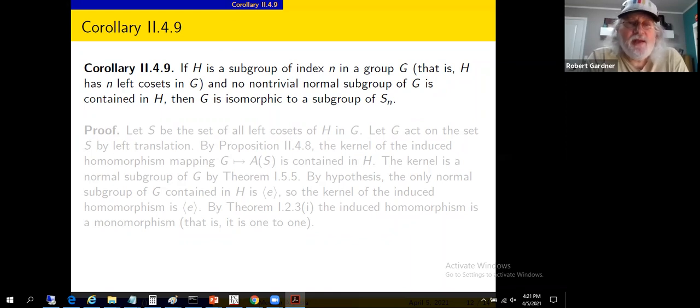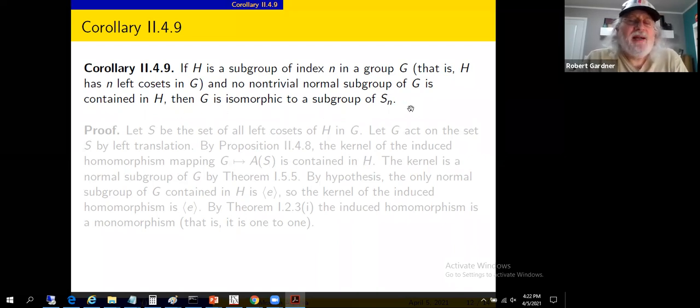Yeah, but we didn't say G's finite here. It must be. I mean, look at the conclusion. It's isomorphic to a subgroup of a finite group. So it must be that G is finite, but that wasn't a hypothesis going into this. The hypotheses were the stuff about a subgroup of index n and something about locations of normal subgroups: no non-trivial normal subgroup of G is contained in H. And we just saw something about where some kernels of homomorphisms are located.